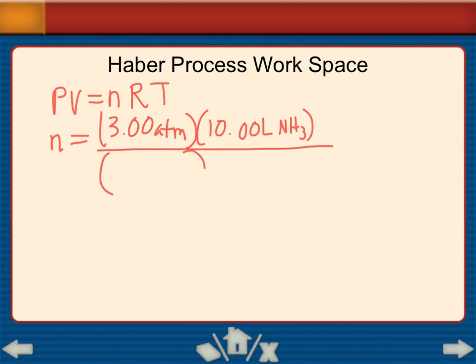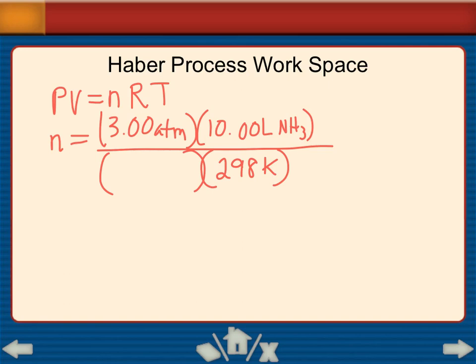The temperature was given as 298 Kelvin, and we have to pick a value for R, the universal gas constant, with units consistent with the units of pressure in our equation.